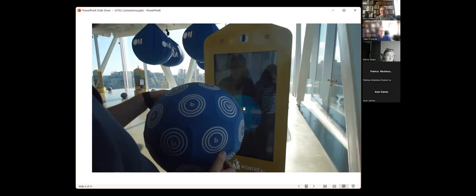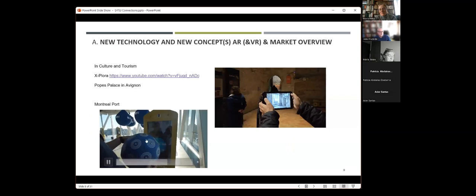It didn't work very well because it was very sunny, and it was not very calibrated, but it worked. You had a ball that gave us information about the shipping industry, like this is a cargo, the other is a tunnelier, and I was rotating the ball and seeing these things.